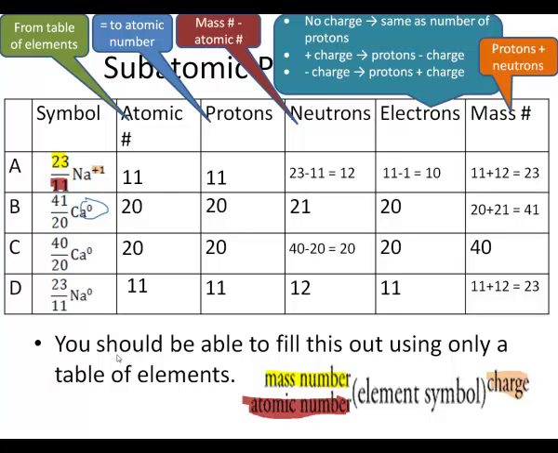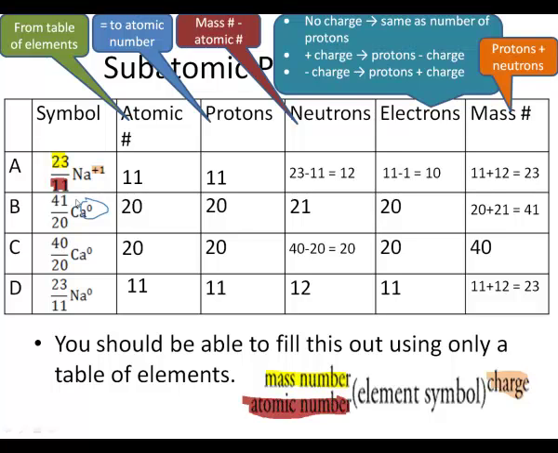Now, at first glance, it looks like I've just given you 2 atoms of sodium and 2 atoms of calcium, which is accurate. But the difference here is in these mass numbers and in the charges. If you look at B and C, they're both calcium atoms, but the difference between them is the mass number.